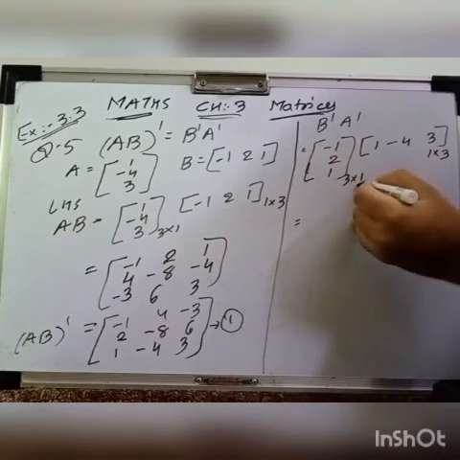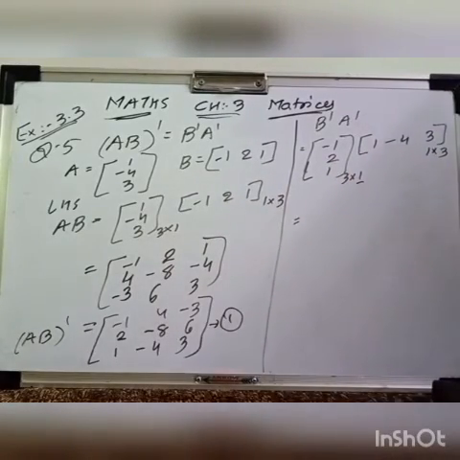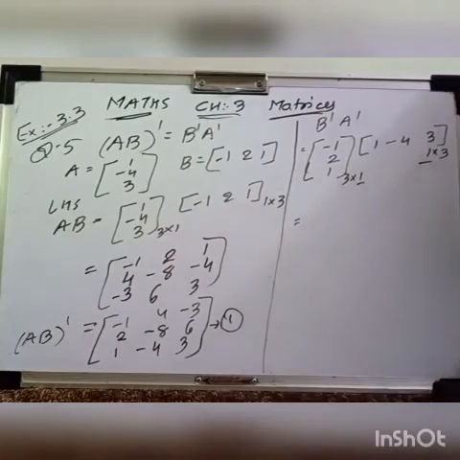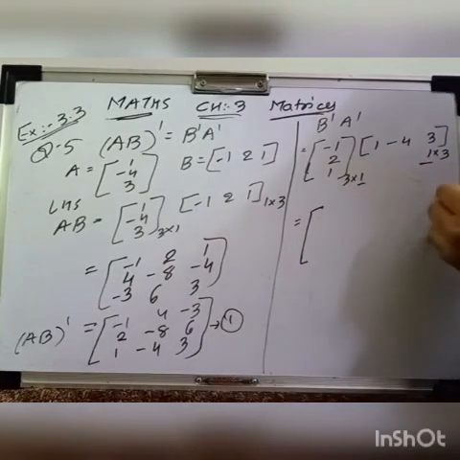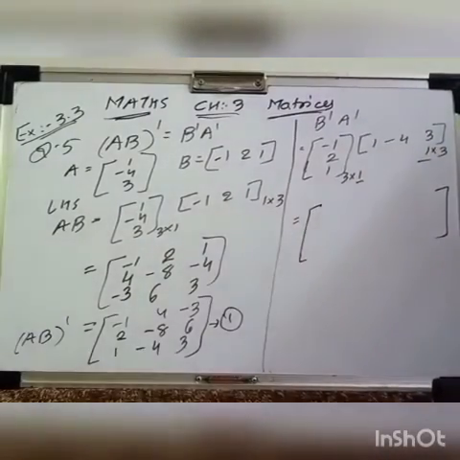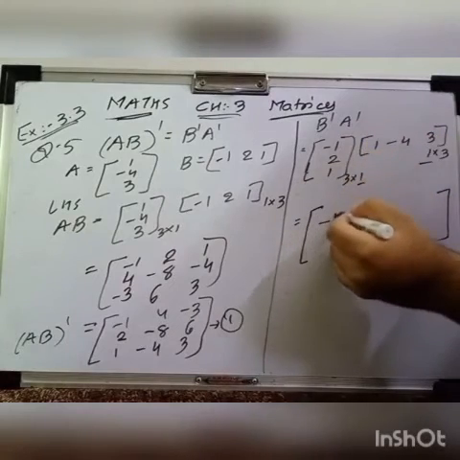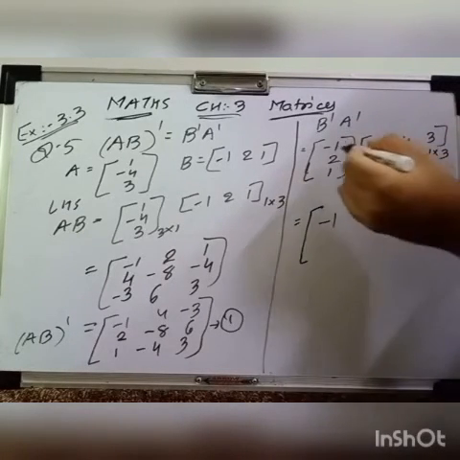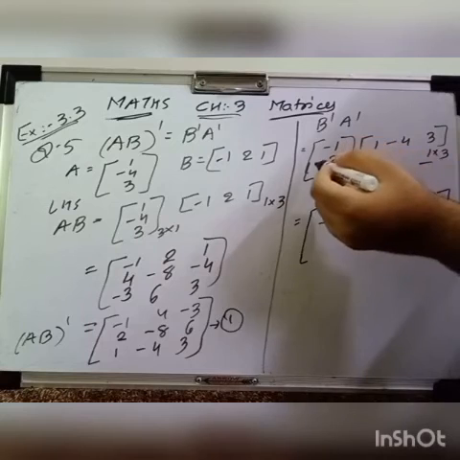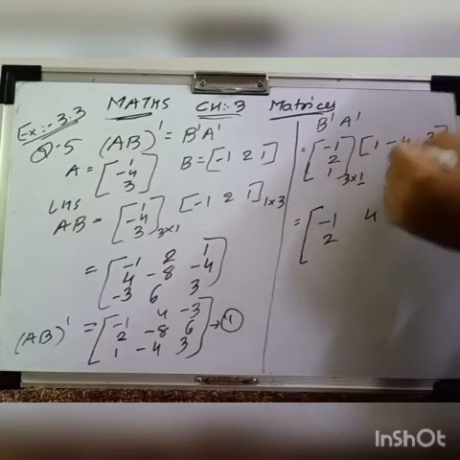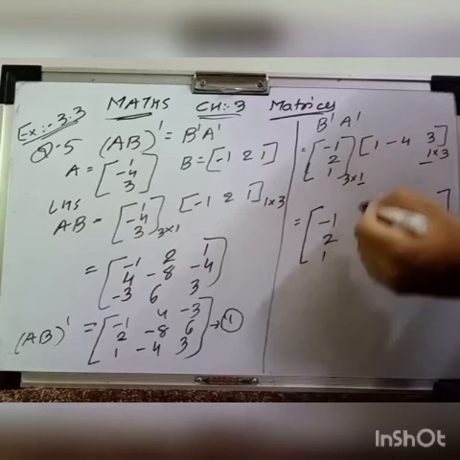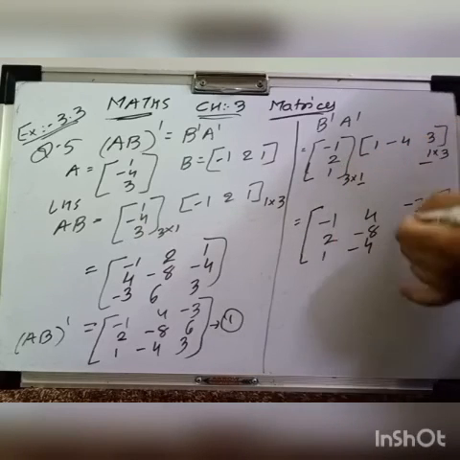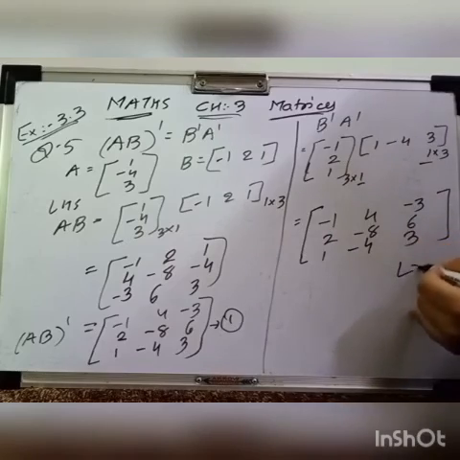So as the column of prefactor and row of post factor is same, multiplication is possible, and the result will be a 3 cross 3 matrix, right? So first row first column, first row second column, first row third column, second row first column, second row second column, second row third column, third row first, third row second, third row third. Give this as 2.